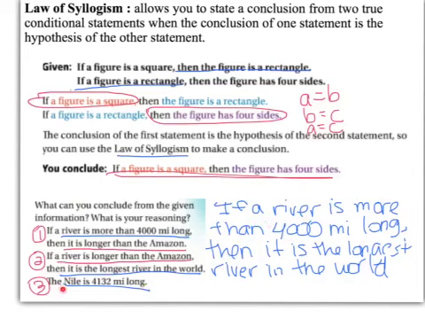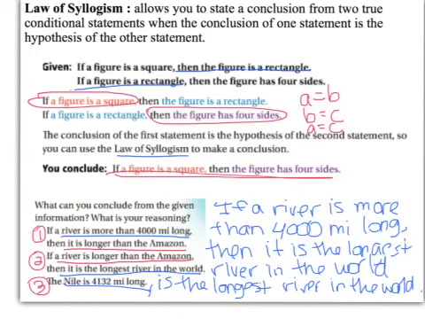In this statement, it's basically repeating the hypothesis: 4,132 miles long is more than 4,000 miles long, which means the Nile is the longest river in the world. So first we used the law of syllogism for numbers 1 and 2. Then we used the law of detachment for our new conditional and number 3.